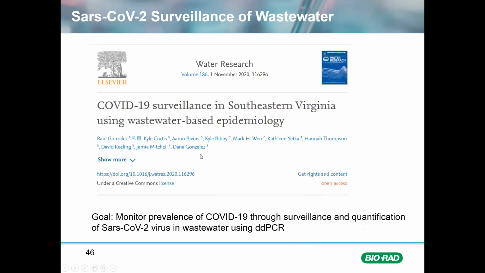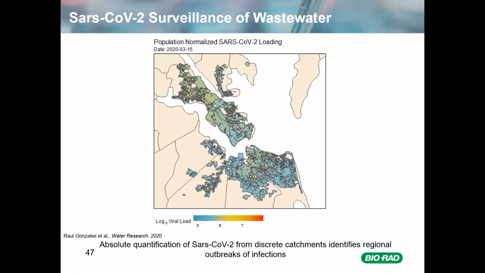Okay, last paper that we're going to talk about, and then we're going to wrap up for today, is another paper looking at wastewater. This is the opposite coast, so this is in Virginia, specifically the Hampton Roads area of Virginia, again, where they're monitoring the presence of SARS-CoV-2 in wastewater. Now, the first figure I want to show is a very cool heat map that they generated going from March all the way to October.